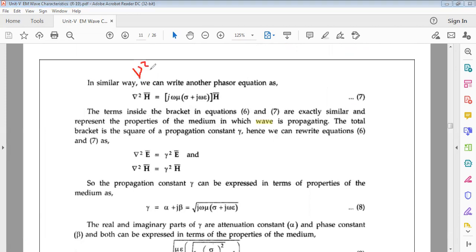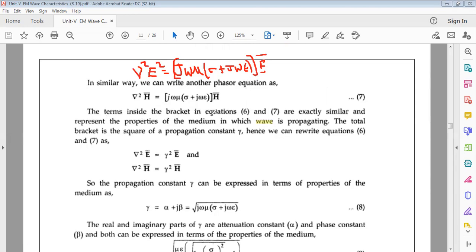That is, del square E bar is equal to the same function multiplication, j omega mu into sigma plus j omega epsilon, whole multiplied with E bar. Similarly, we can write the other phasor equation in terms of H bar.